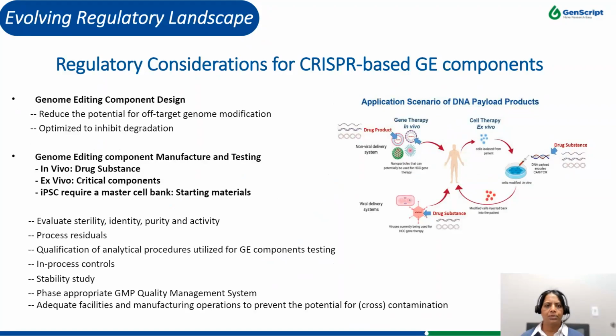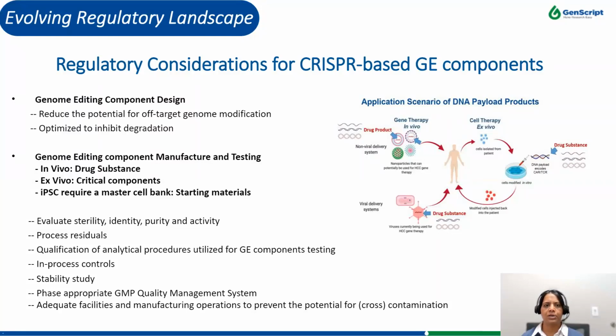Depending on the application, genome editing components like sgRNA are categorized into three different scenarios. One is in vivo application, where sgRNA is encapsulated with mRNA and injected directly into the patient; the sgRNA is classified as a drug substance.